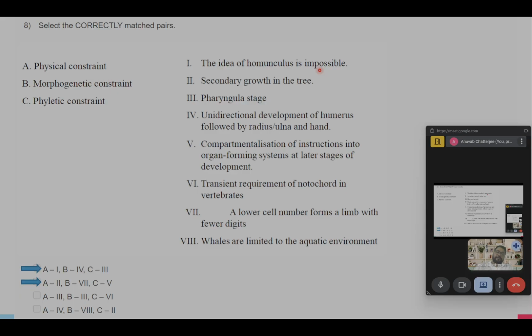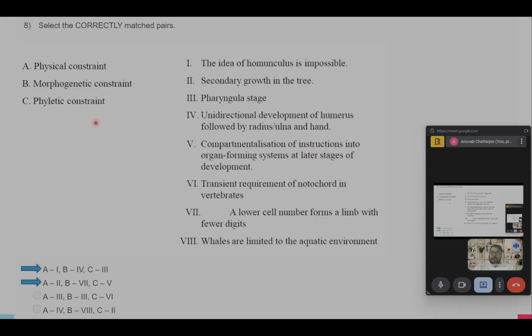That is not possible because of various physical laws, which is the physical constraint. B is 4, which is morphogenetic constraint, unidirectional development of humerus, radius, ulna and hand. This is because of the direction in which the morphogenetic gradient is set up, and thus it is a morphogenetic constraint that our humerus cannot grow the other way around.